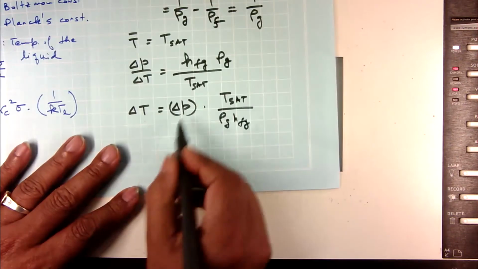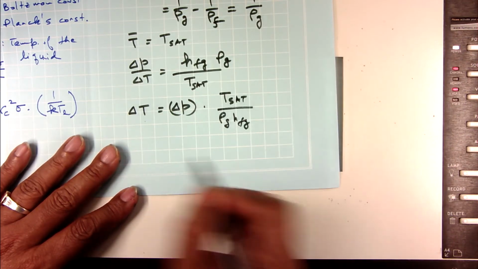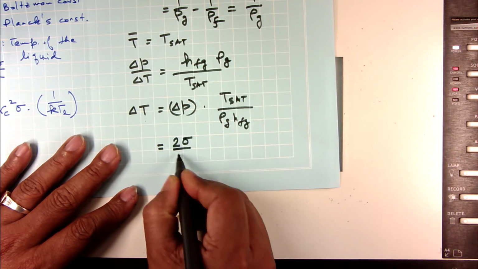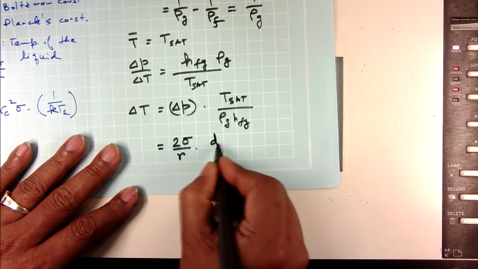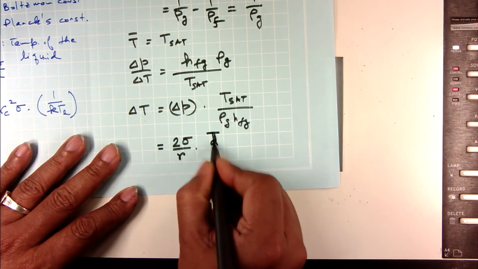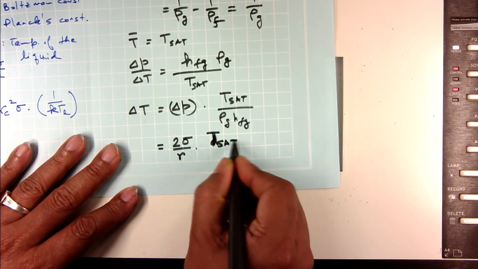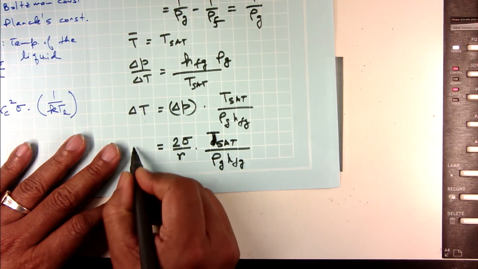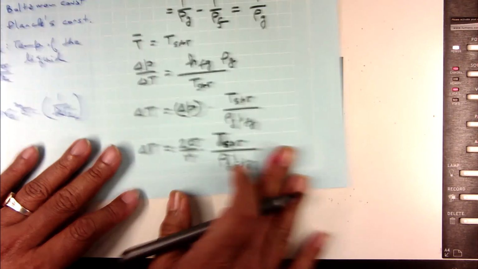And what is my change in pressure? It is 2 sigma by R. So, this becomes 2 sigma by R times T sat divided by rho g HFG. Okay.